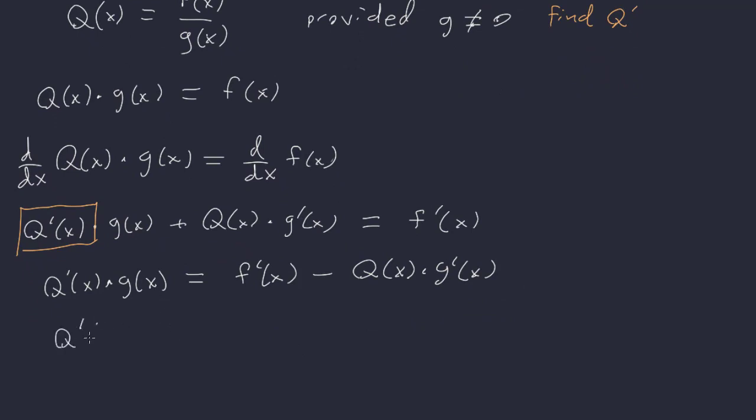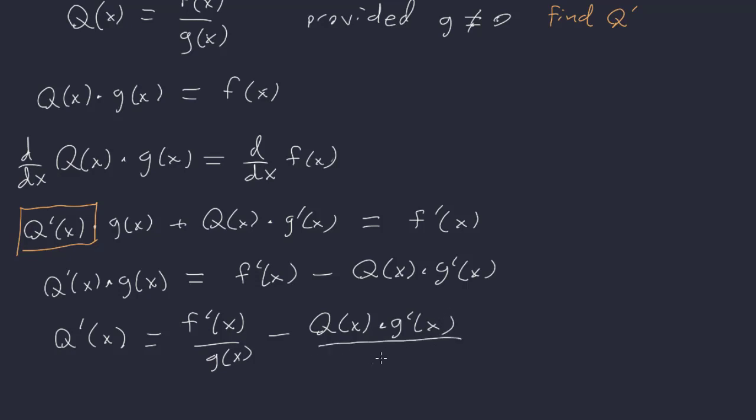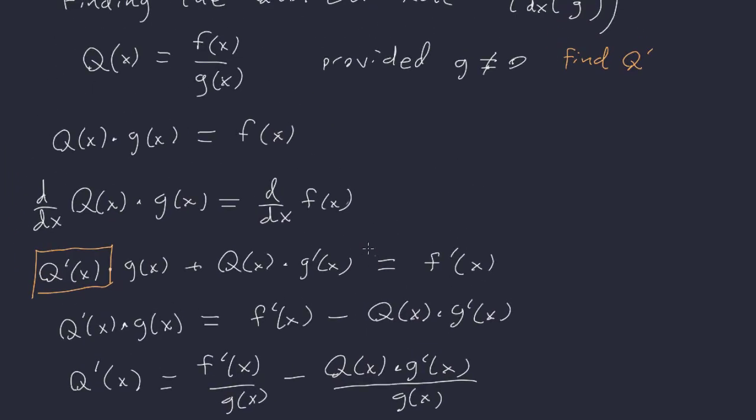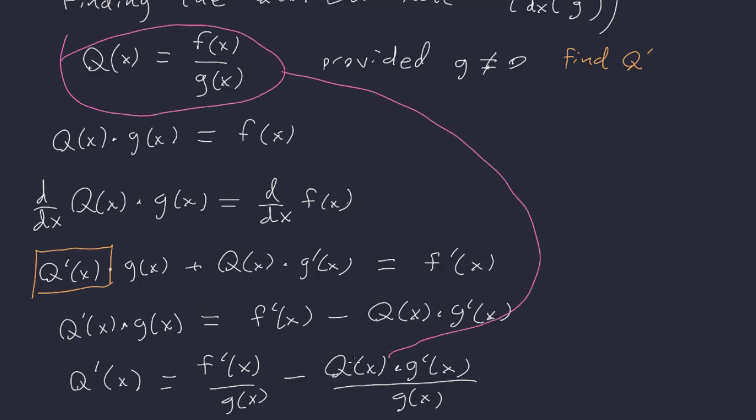Okay, so we'll have q prime of x is equal to f prime of x divided by g of x minus q of x times g prime of x divided by g of x. Now, this is not a formula we would want to memorize. This isn't very useful. However, we can put the q of x back in. So remember, q of x was f over g. So we can actually put that in.